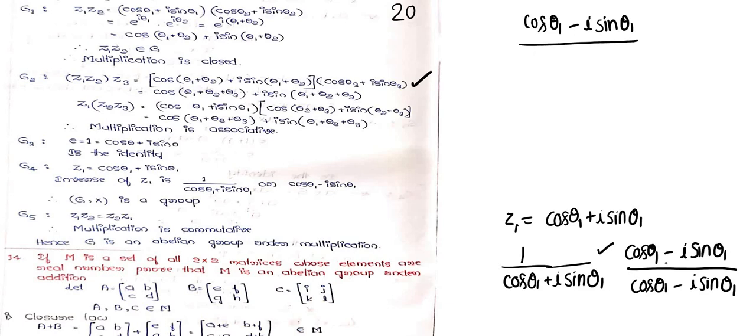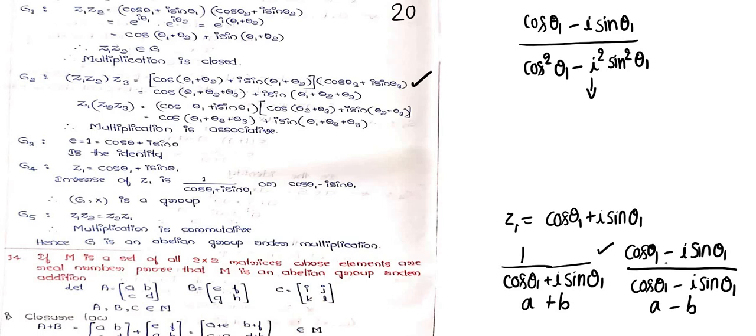Observe the denominators. Here we have one formula, that is (a plus b) into (a minus b). The product of a plus b and a minus b is a square minus b square. That means cos square theta 1 minus I square sin square theta 1.